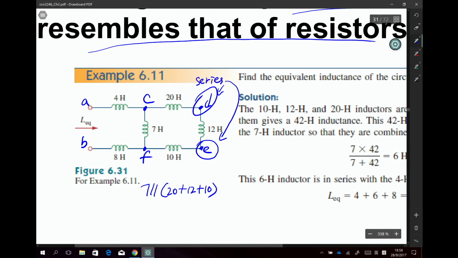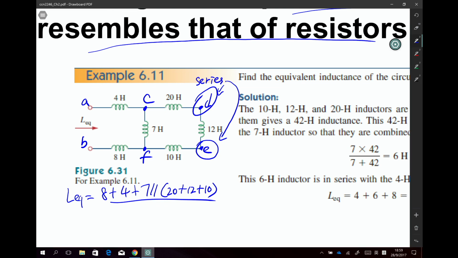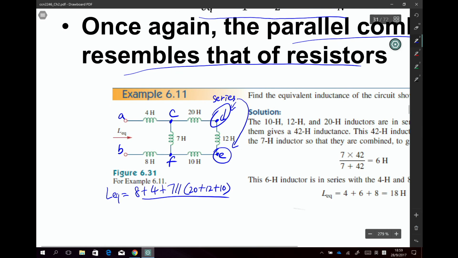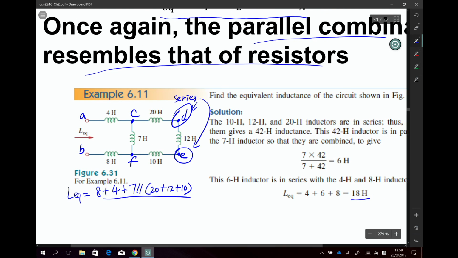And the other two, actually, they are in series connection. Therefore, you add 4 and add 8, you have the equivalent inductance by using this formula. So at the end, you get the answer. This is equal to 18 Henry.